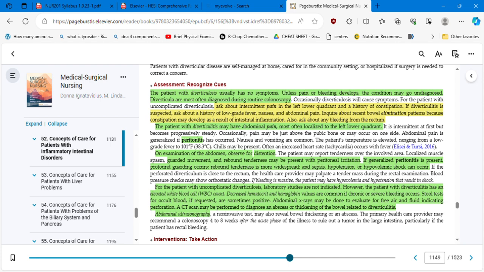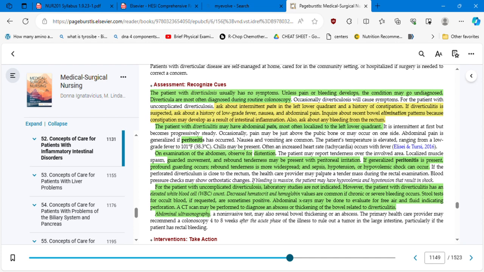On examination of the abdomen, observe for distension, guarded movement, and rebound tenderness, which may be present with peritoneal irritation. We study that, and we have been repeating these concepts over and over again. It's important to know the concepts because they are going to be present in all the disorders or diseases that are involved in the gastrointestinal system.